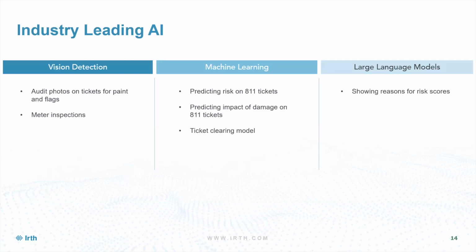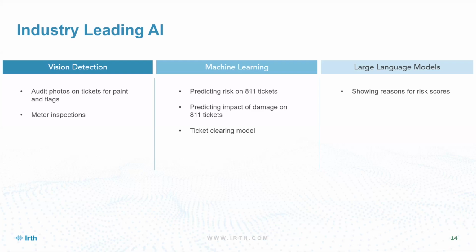The LLM, like a ChatGPT, is very good at explaining reasons for risk. So if you ever see a risk score of 89, the first question is, why is it an 89 of a risk? Well, now you can click on it, and an LLM model will give you a nice language of why the score is the score, which is very important.